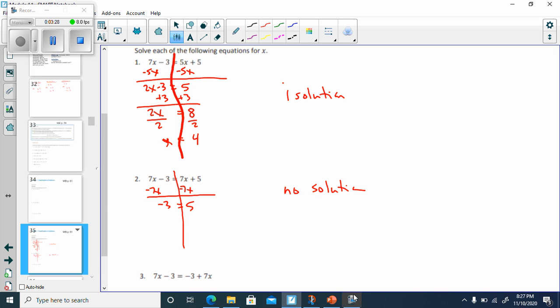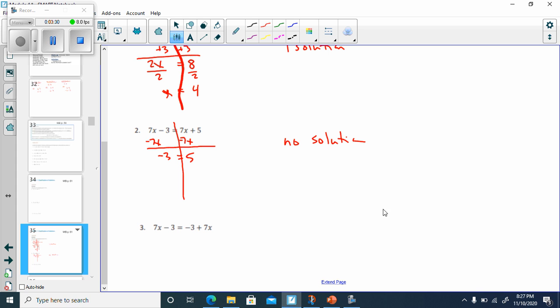Okay. And then let's look at number 3 down here. 7x minus 3 is equal to negative 3 plus 7x. This is the same as 7x minus 3 if I just use the commutative property to move these into new places. But let's check ourselves. Let's subtract 7x from each side.